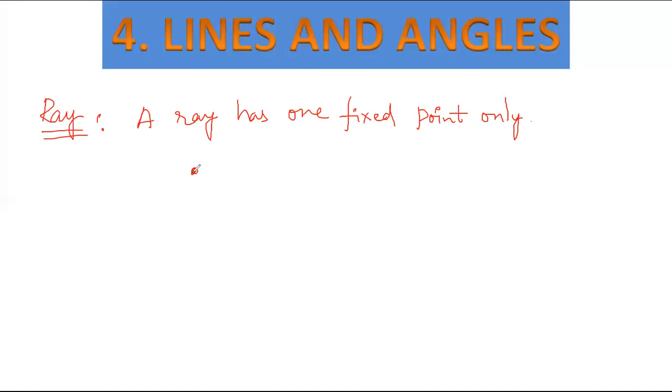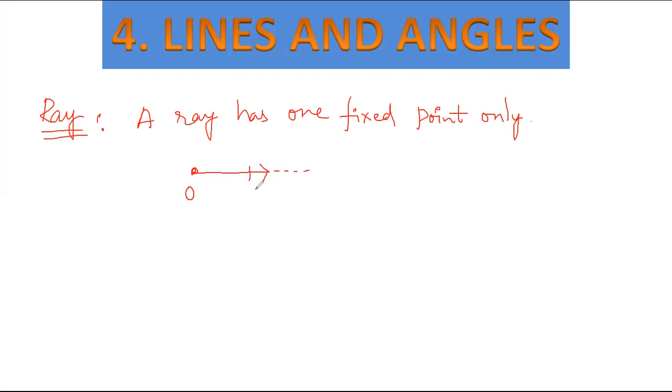Diagrammatically, it can be shown like this. This dot represents fixed point. Let us say this point is O and on the other side it will not have any fixed point, so I will put arrow mark. It means O is fixed point. The other arrow mark represents it can be extended.